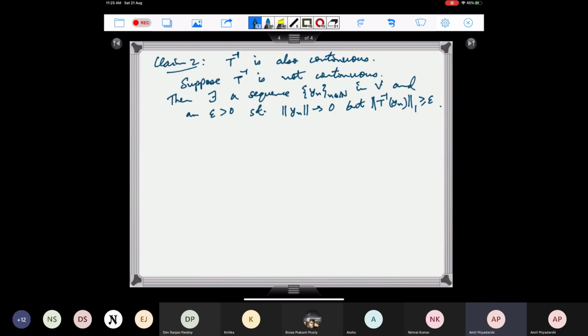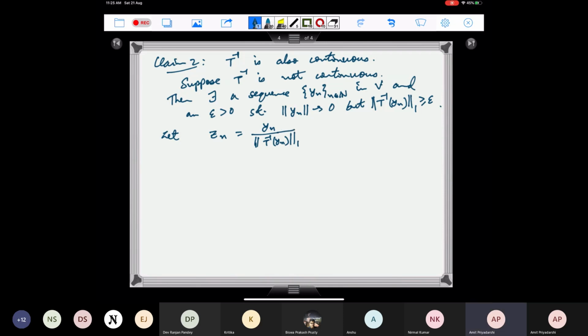So we get this. Now let zn equal to yn by the L1 norm of T inverse yn.